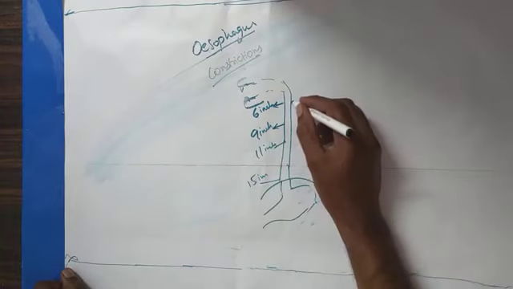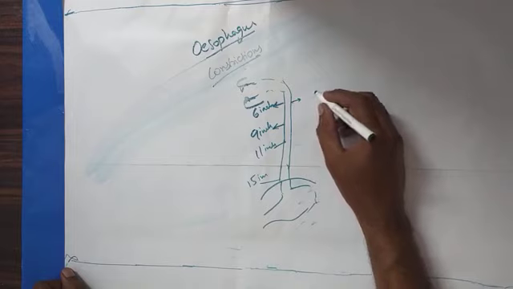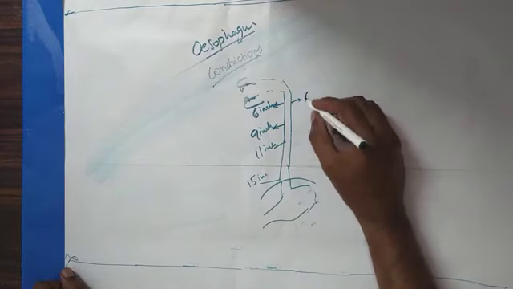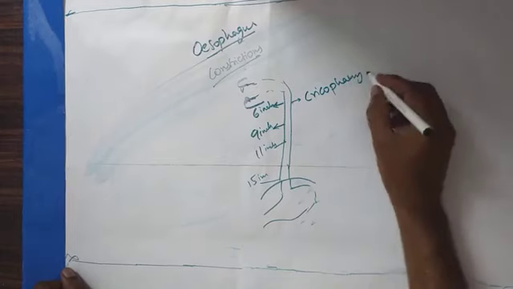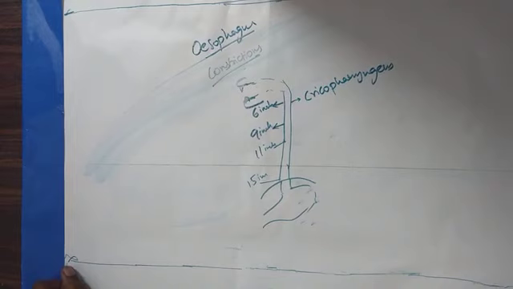So where are these constrictions and what is making each constriction? At 6 inches, there is a muscle, that is your cricopharyngeus, that is forming this constriction at the level of 6 inches from your incisors.